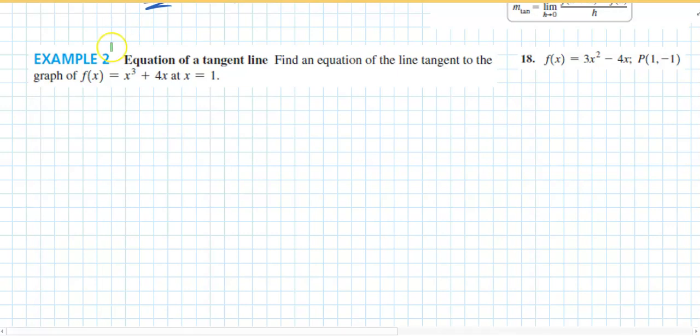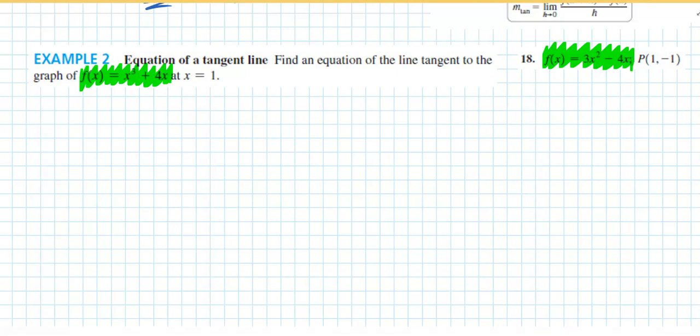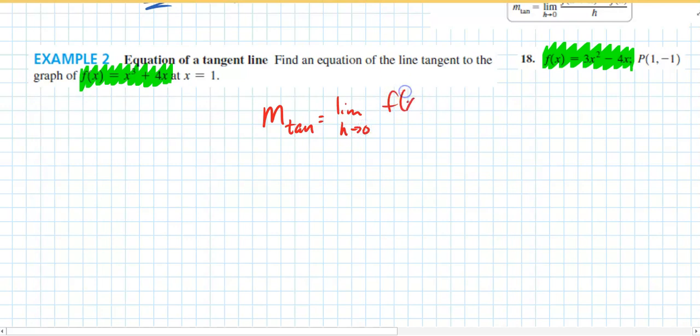Now, if you recall, if we were given a function like this, f of x equals x cubed plus 4x, or if f of x equals 3x squared minus 4x, we would have to establish the difference quotient by substituting f of x plus h and f of x into the definition of our slope of our tangent line. And so we'd have to sit down and calculate the limit as h approaches 0 of f of x plus h minus f of x divided by h.